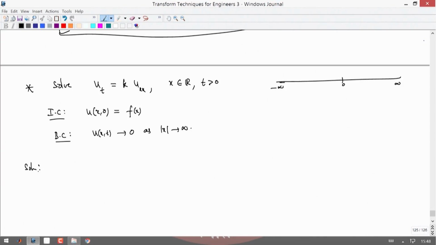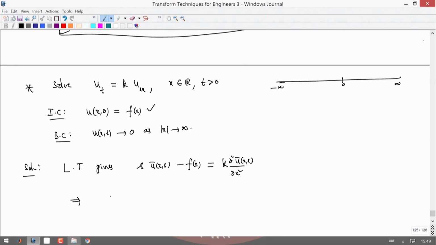What is the solution if you follow the same technique? The Laplace transform gives s times u bar of x, s minus u at x, 0, that is minus f of x, the initial condition, on the left-hand side. On the right, k times u bar of x, s, for which you take two derivatives with respect to x.